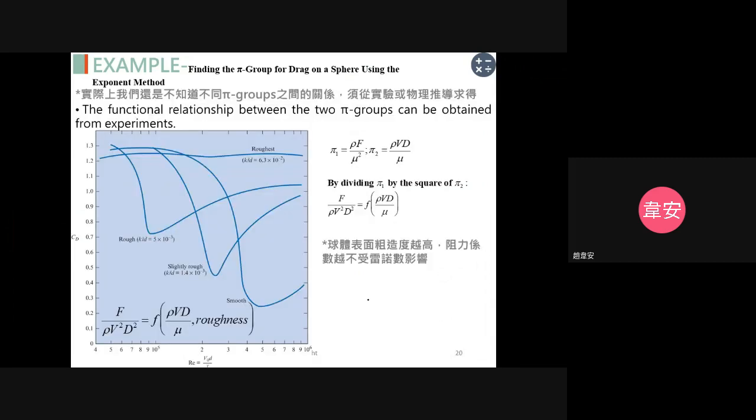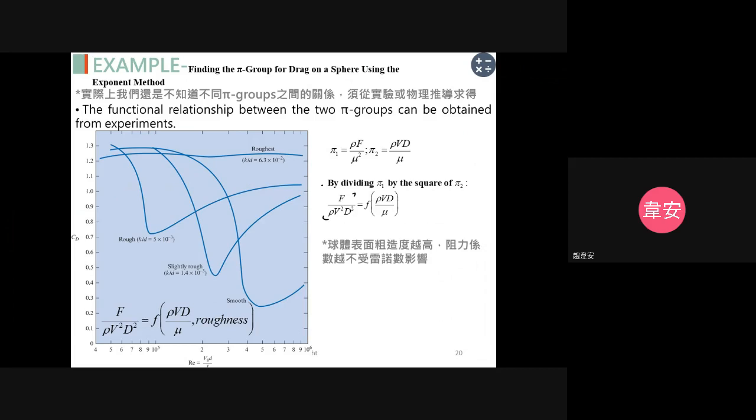So we need to conduct laboratory experiments to investigate the relationship between the Reynolds number and rho F divided by mu squared here. As we know, we can compute the drag coefficient by dividing pi 1 by the square of pi 2.